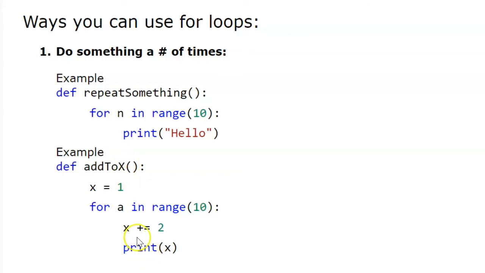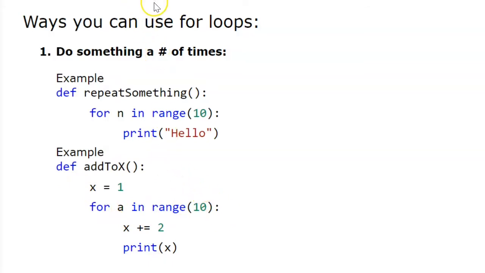Plus equals 2 means take x, what it was originally, so it was originally 1, and set it equal to itself plus 2. So the next value of x would be 1 plus 2 is 3. Then the next value of x would be 3 plus 2 is 5, and et cetera, up to range 10.